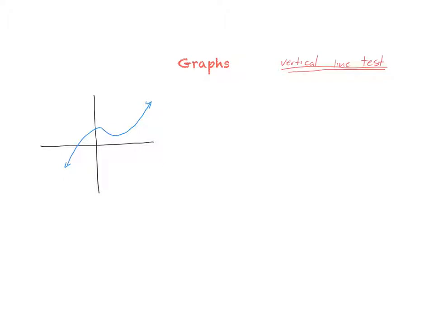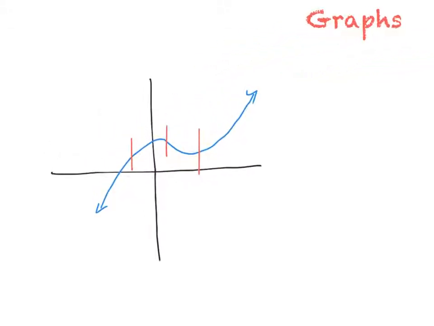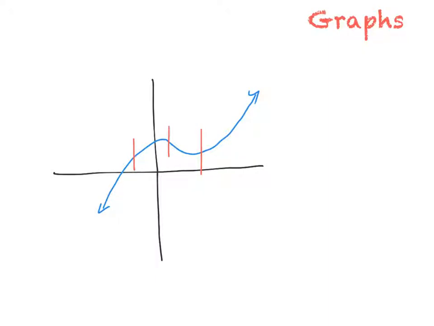So now we're going to draw a vertical line through various points on our graph. The vertical line test is going to tell us whether that is a function or not. If the vertical line that we're drawing only touches one point, it is a function.